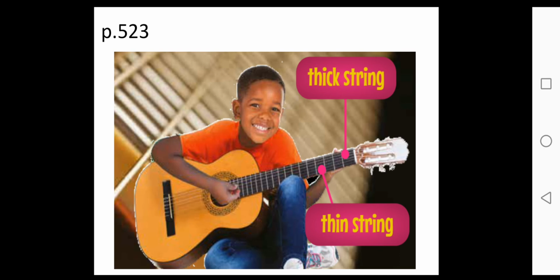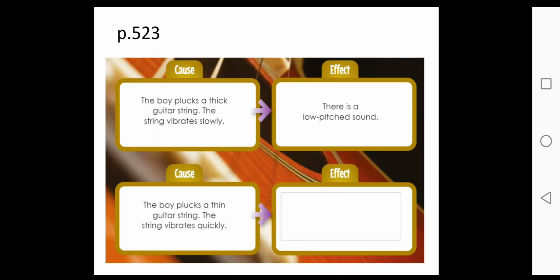Now, here I have a guitar, and I have vertical and horizontal strings, right? Here I have the thick string, and the other one I have a thin string, okay? And the boy is playing the guitar. Now, the boy plucks a thick guitar string.